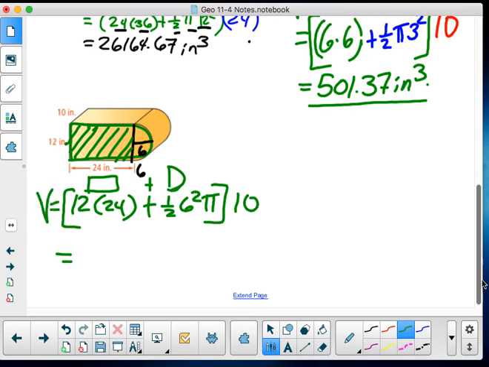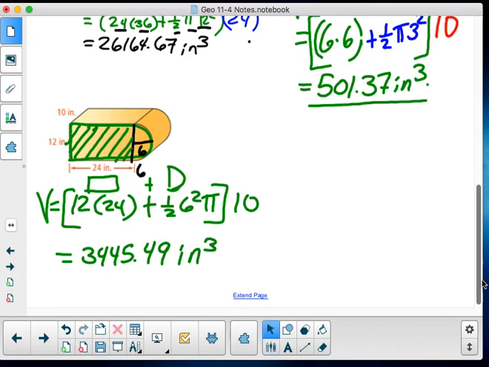So now I've got 12 times 24 plus 0.5 times 36 pi. Yep. And that's 344.54 times 10. So it's 3445.49, and that is inches cubed.